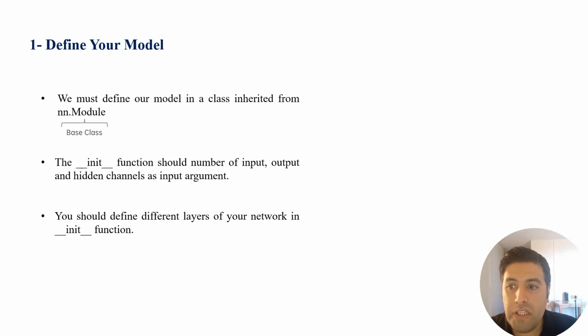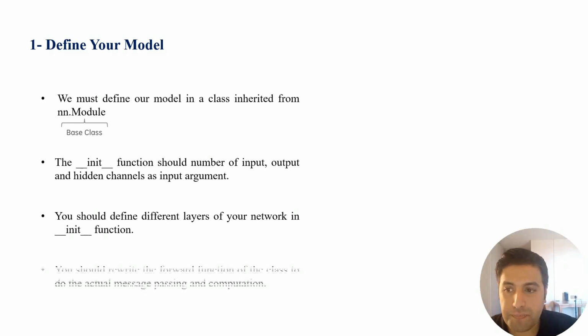This is something that you do for defining each class in each coding language. And in your init function, you must define different layers of the network. For example, if you have a fully connected neural network consisting of one input layer and different hidden layers, you will define the number of the hidden layers, and the number of the nodes each hidden layer has in this part.